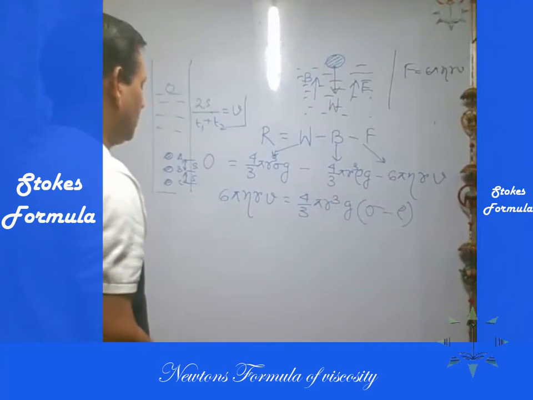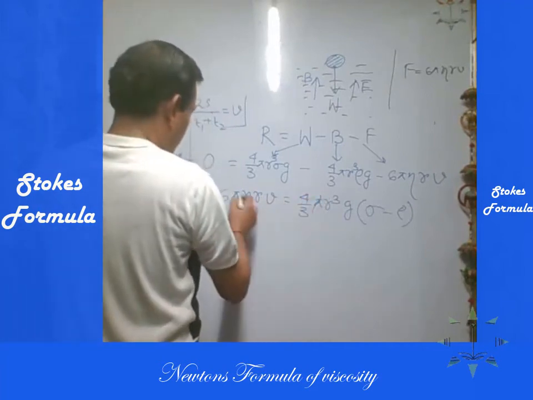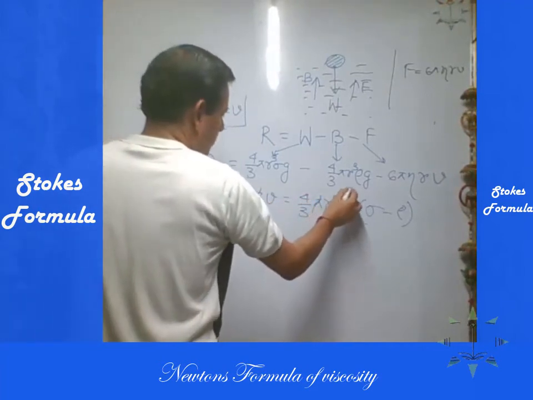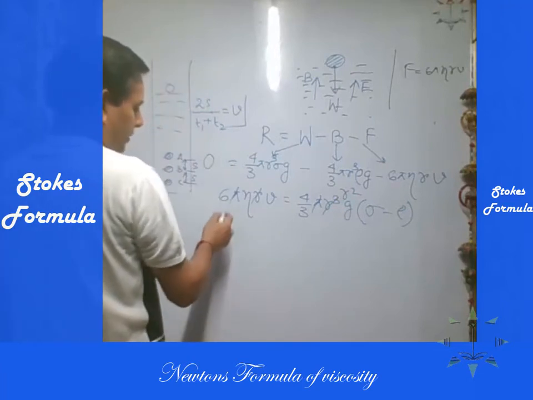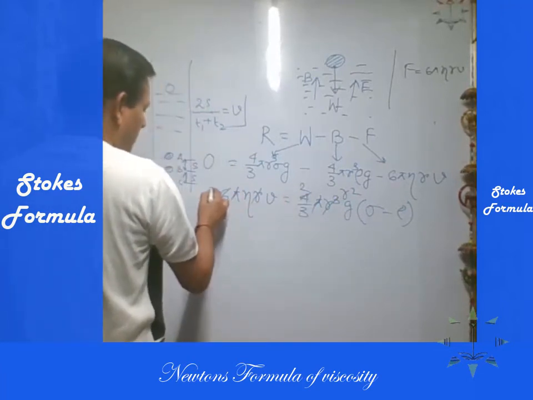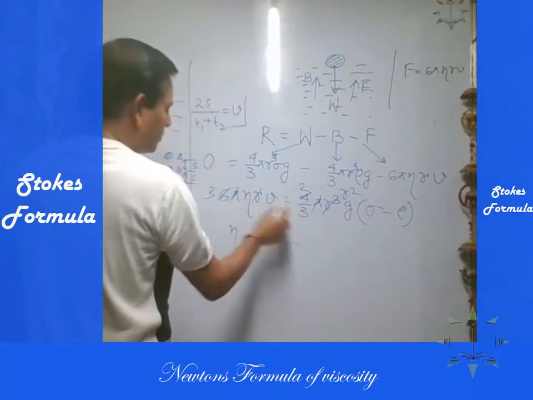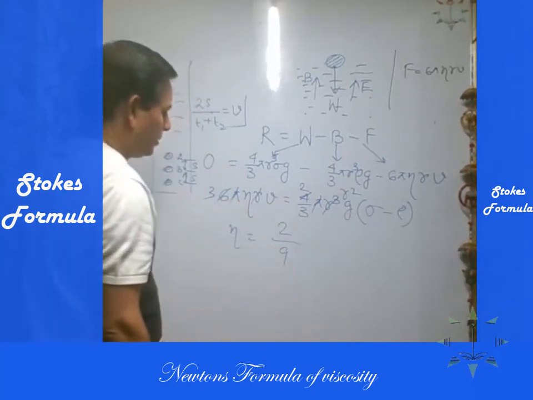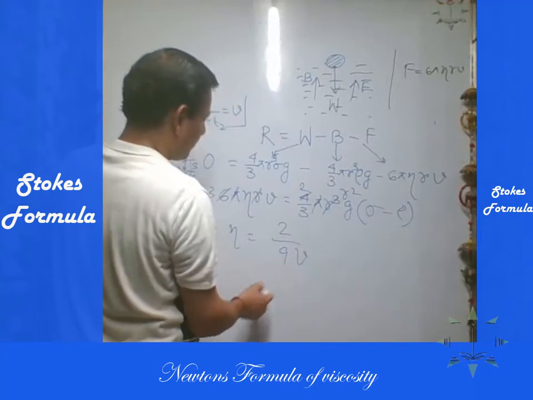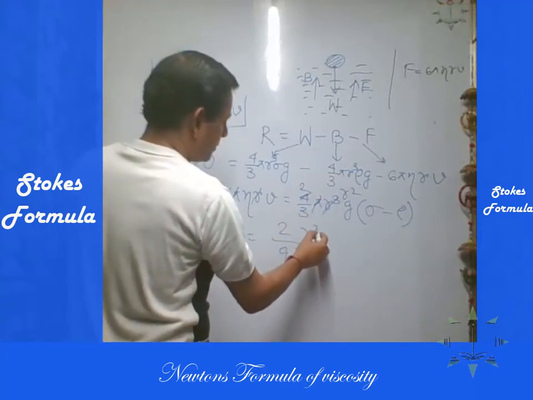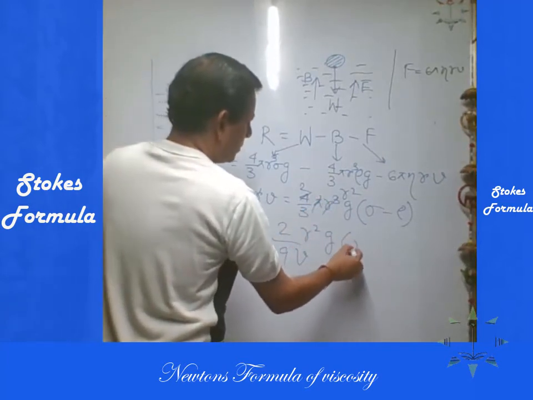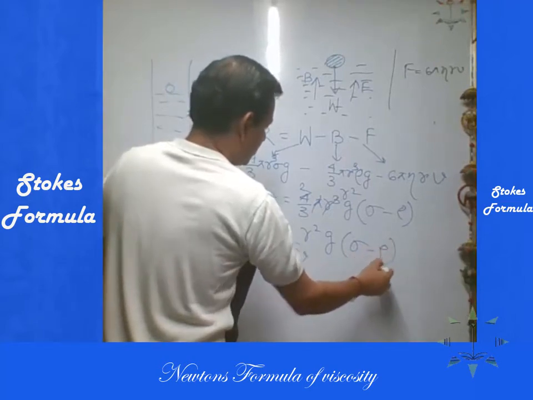Pi can be cancelled out, one of the r cancels out, leaving r square. 6, 2, 3, so eta equals 2 by 3 into 3, which is 2 by 9, v r square g, sigma minus rho, correct?